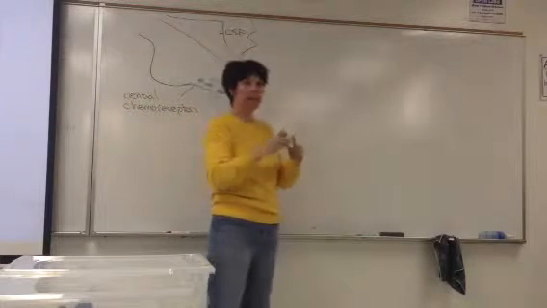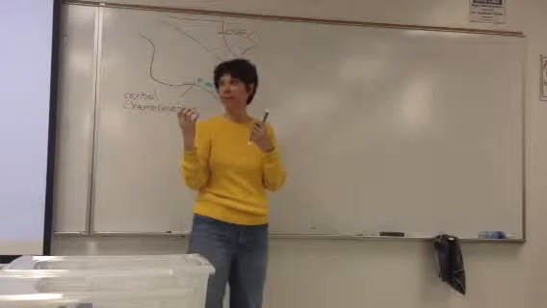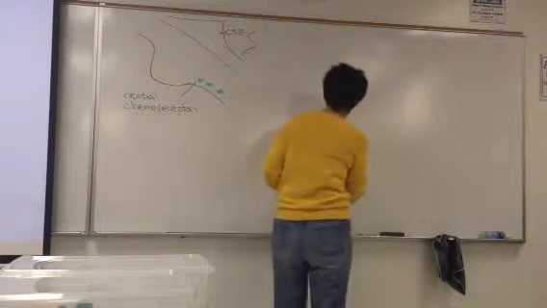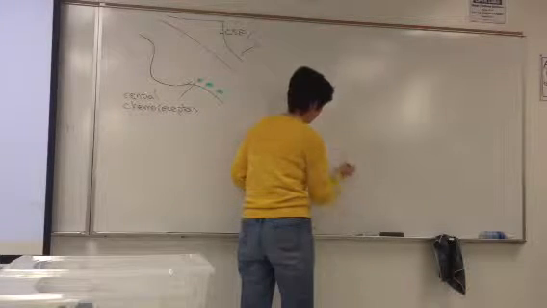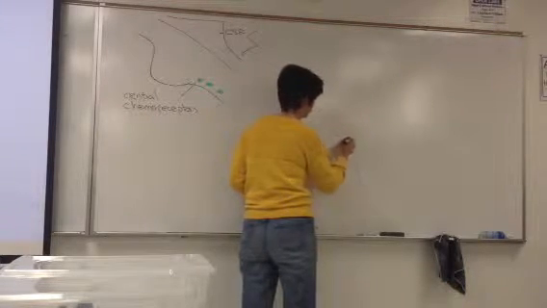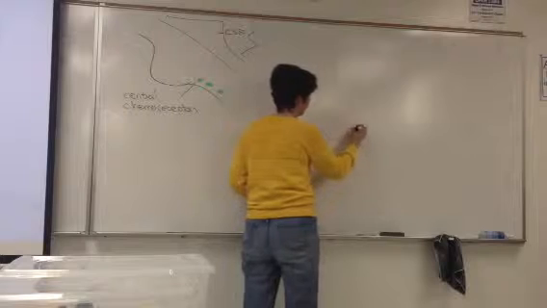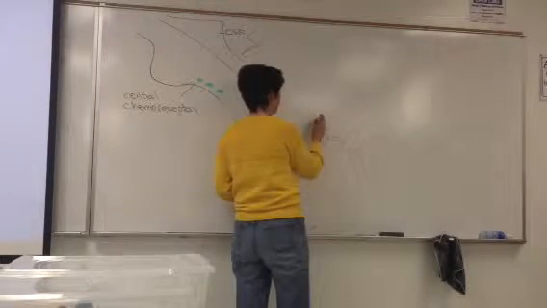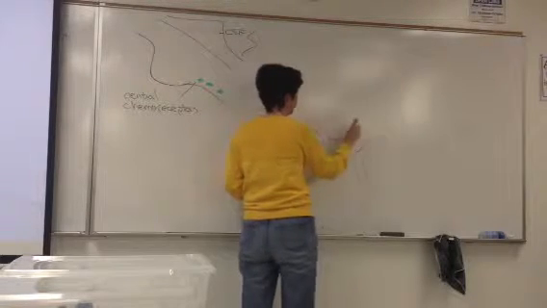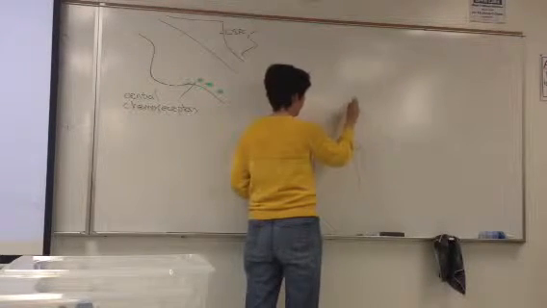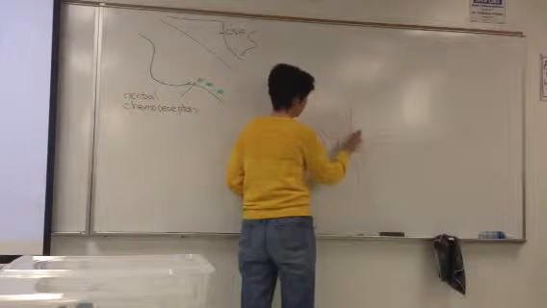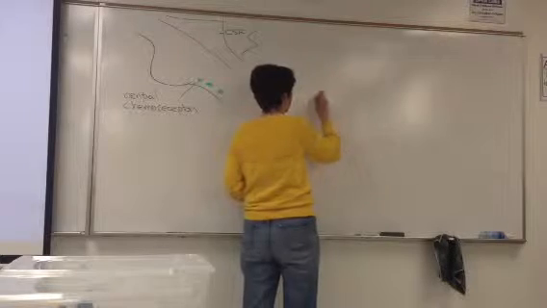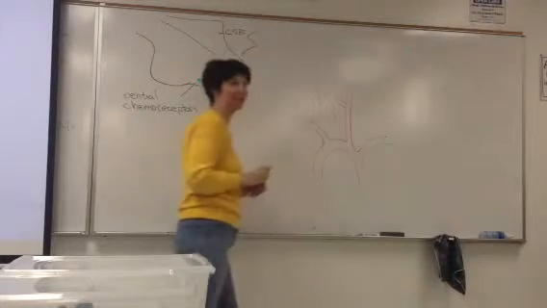And the peripheral chemoreceptors are in 2 sets of blood vessels. So we have the aortic arch, and off of the aortic arch we have the right common carotid and left common carotid, and then those give off the external carotids and internal carotids.